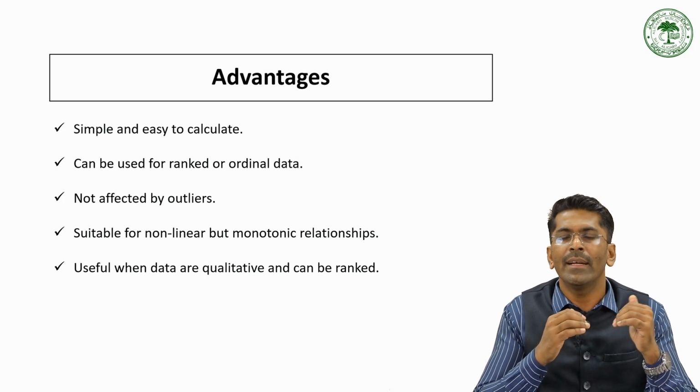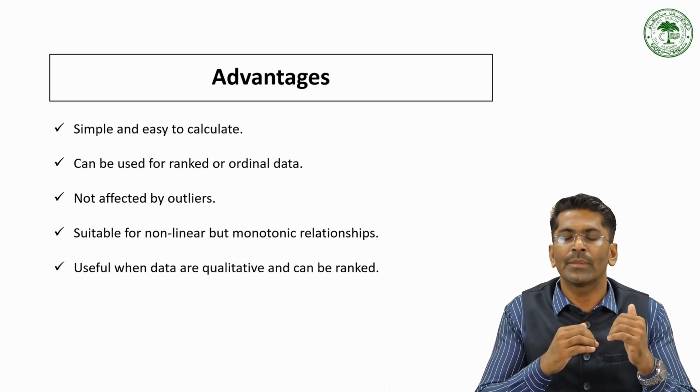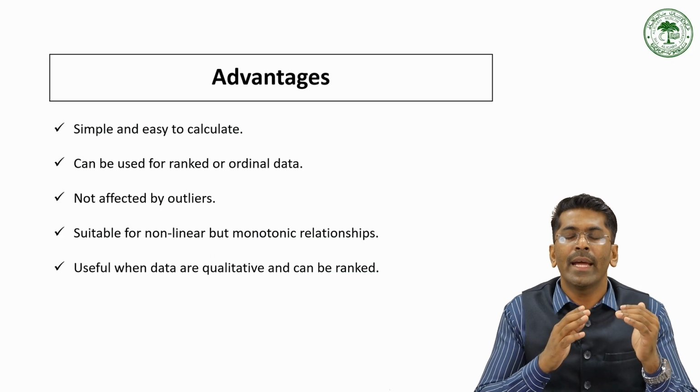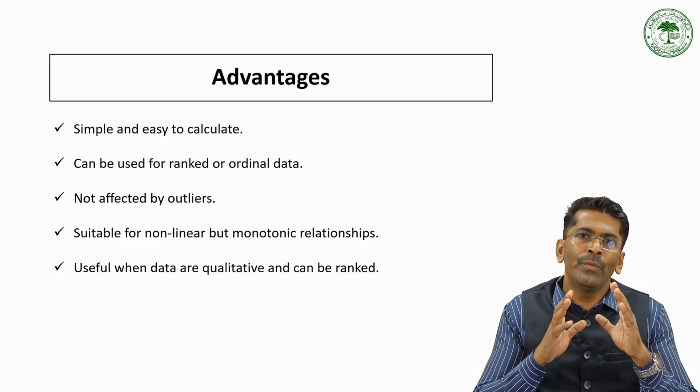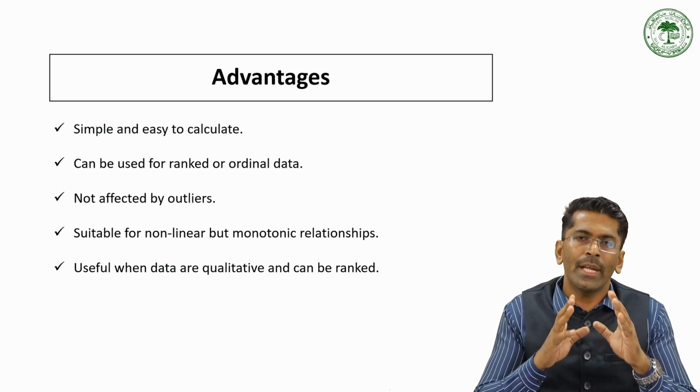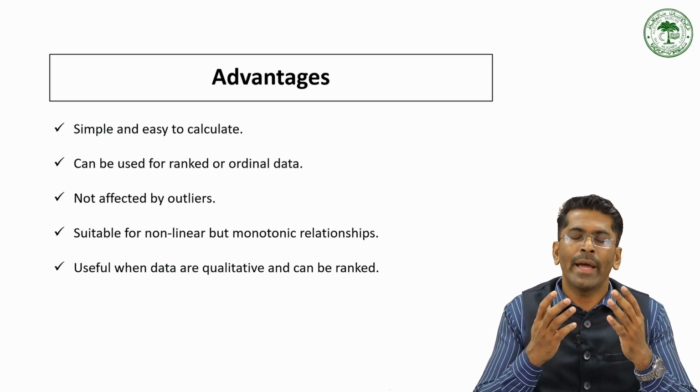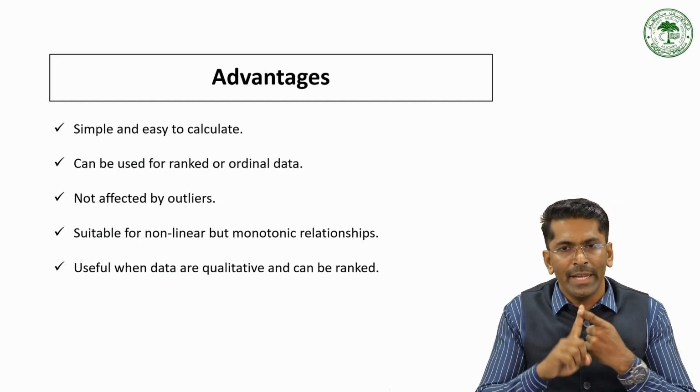We discussed these in detail in the last 5 lectures. Of course, after that we discussed the Spearman rank correlation also. Which type of correlation we want to utilize depends entirely upon the nature of the data.